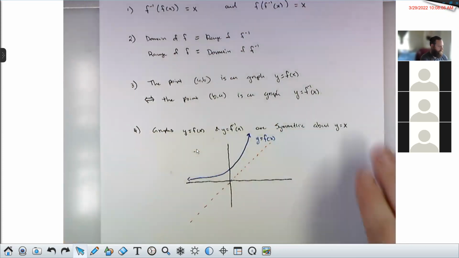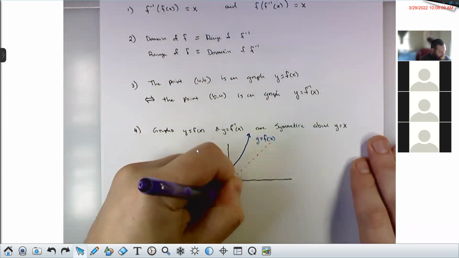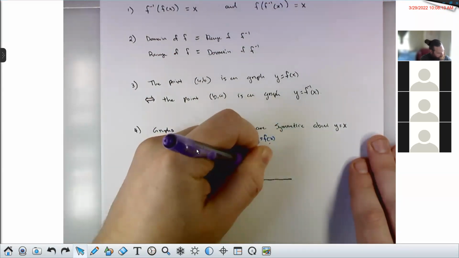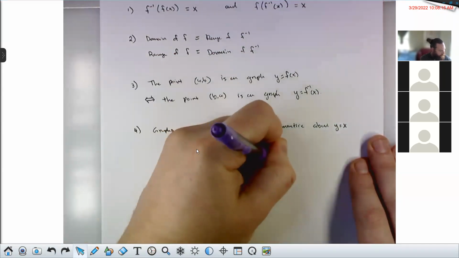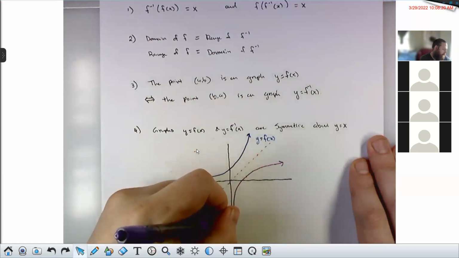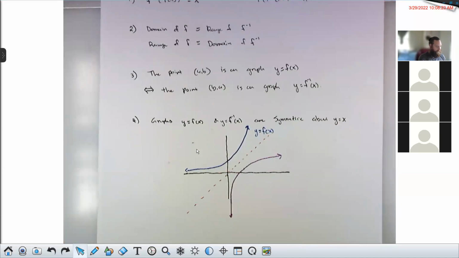And then in purple, I will draw the inverse function by taking that blue function and reflecting it over this line y equals x. This is the idea.